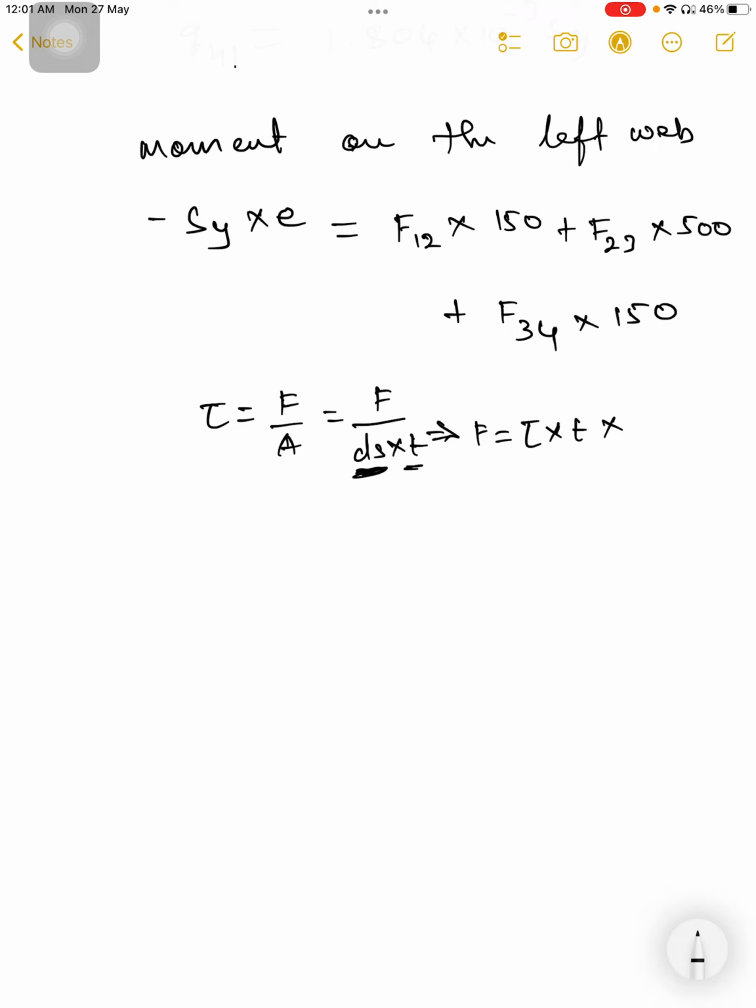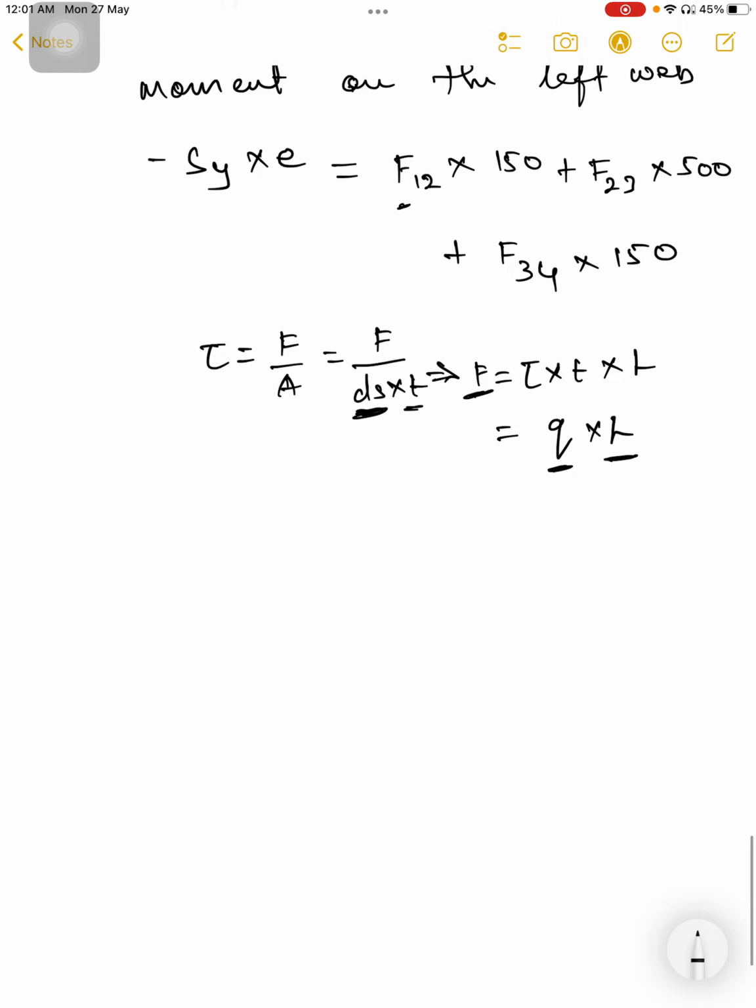I can write it as Q into L. So instead of this force, I can write it as shear flow into the panel length. So it will be minus Sy into E equal to, for F12, instead of F12 I will write Q12, that will be 0.